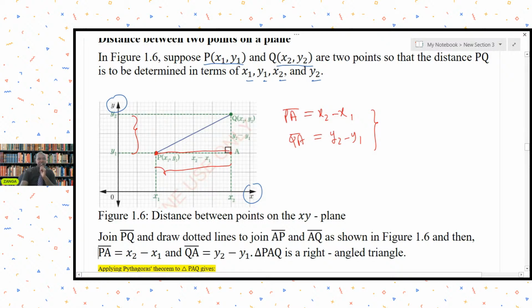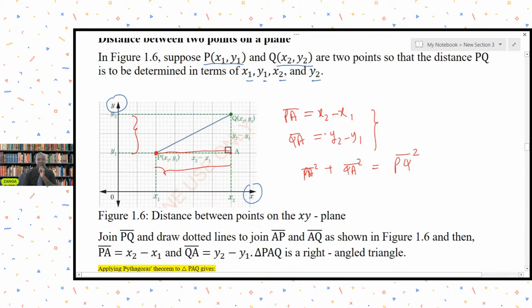But how do you do it? In triangle PAQ, by Pythagorean theorem, PA square plus QA square is going to be equal to PQ square.